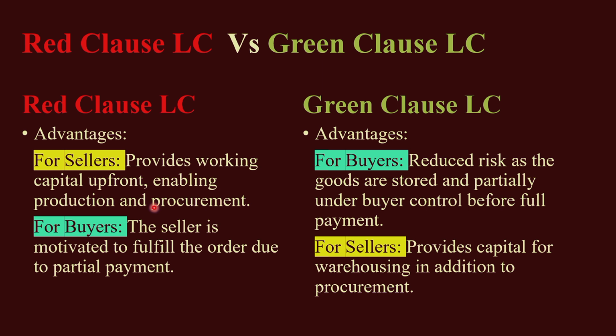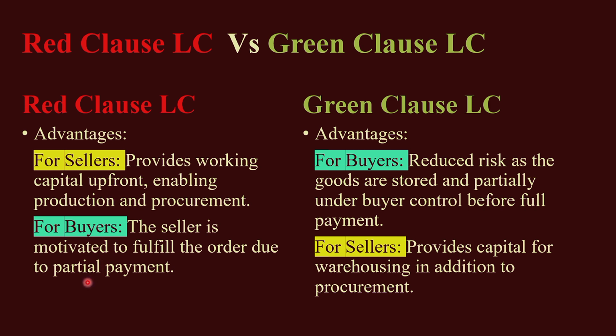What are the advantages of green clause LC and red clause LC for seller and buyer? When we discuss the advantages for the seller in case of red clause LC, it provides working capital upfront, enabling production and procurement.